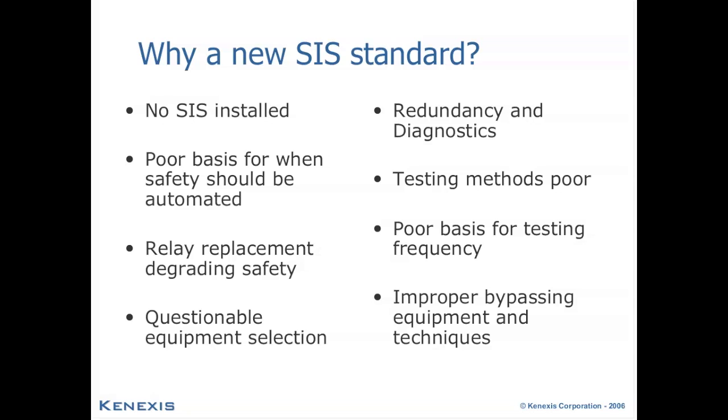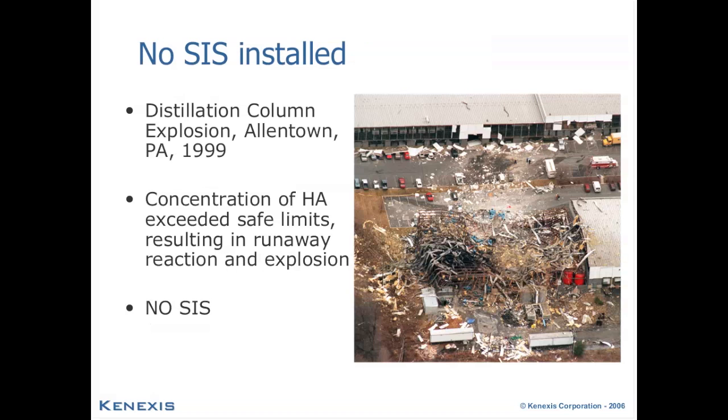So to understand the safety life cycle, I believe it's important just to highlight a few of these incidents, and we'll do that before we get into essentially a roll call of all the elements of the safety life cycle.